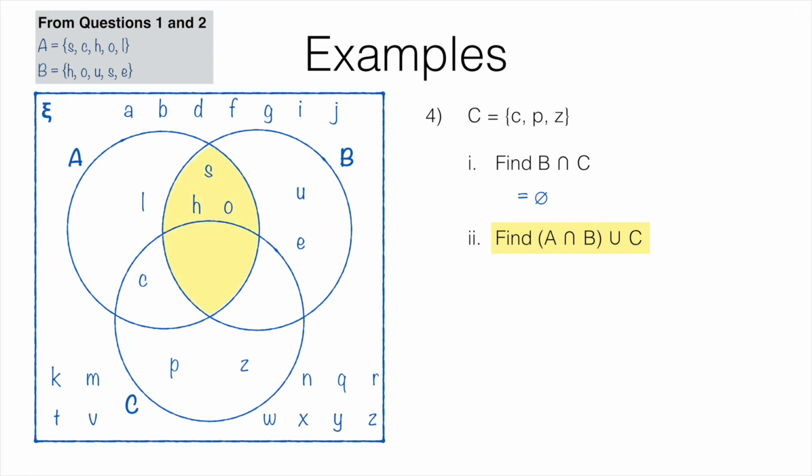Now we want the union of this whole set with the set C. So the set C is now highlighted too. And remember, the union means we want everything that's either in here or both. So we want the entire highlighted region that you can see. So the answer to this question is as follows.